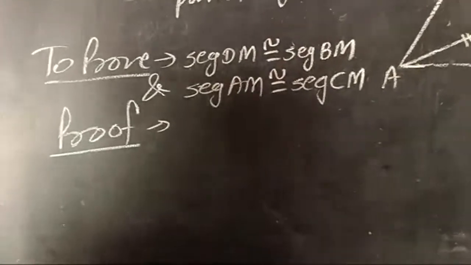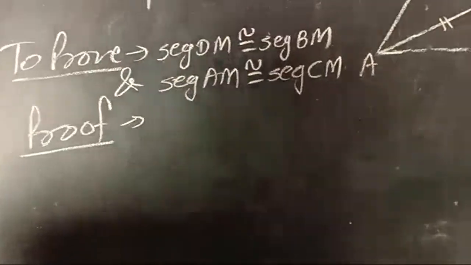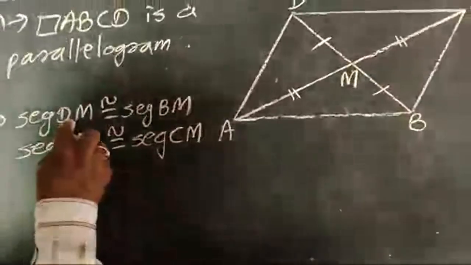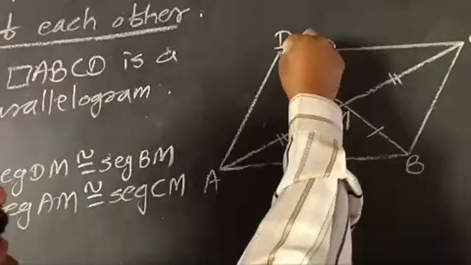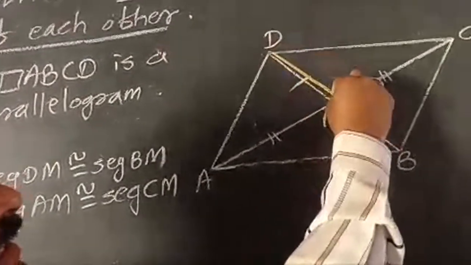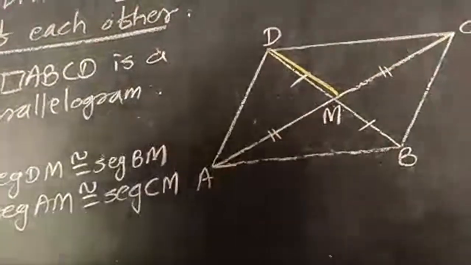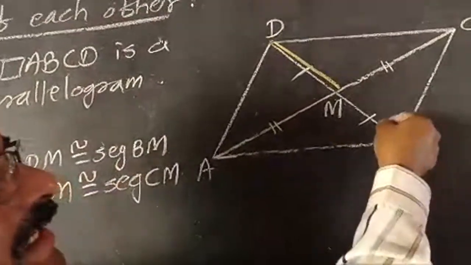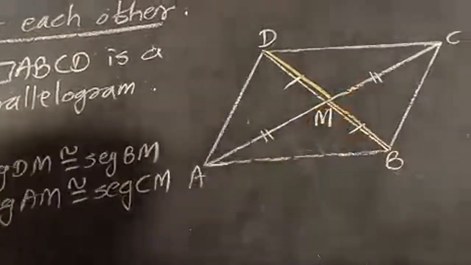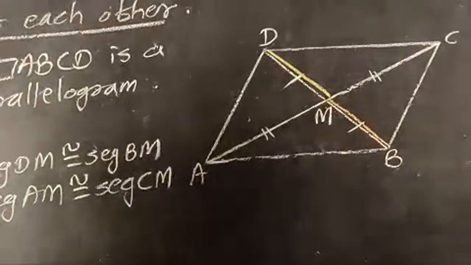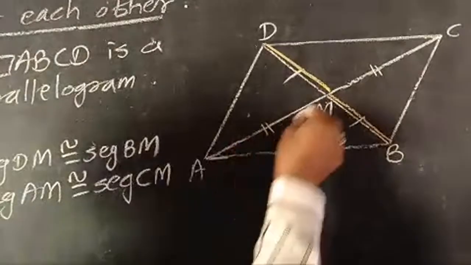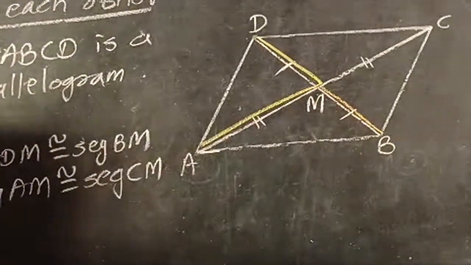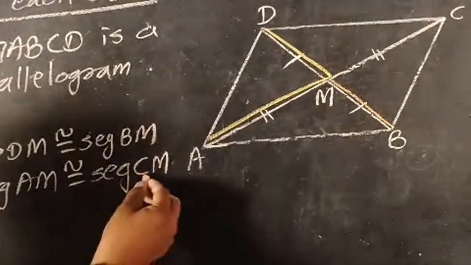If two triangles are congruent, which triangles do we consider here? First is DM, that is the first side, and the second side is BM. The second side is denoted by another color. Then the first side is AM and the second side is CM.